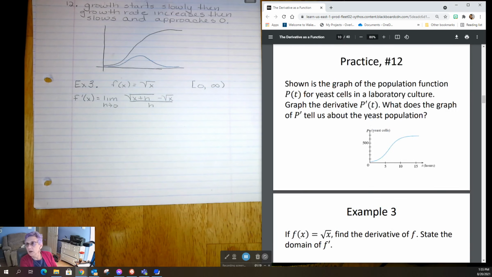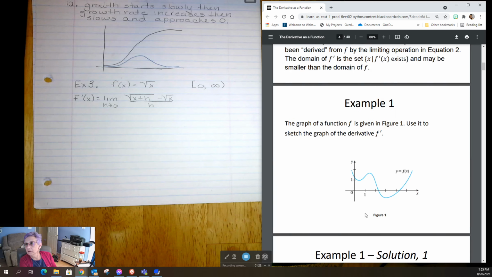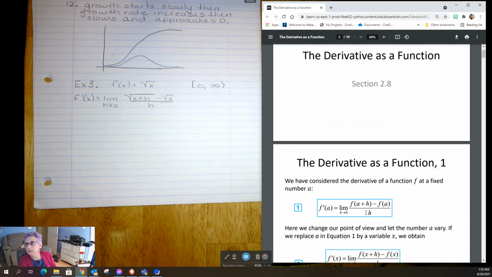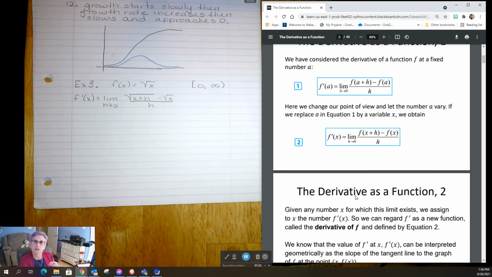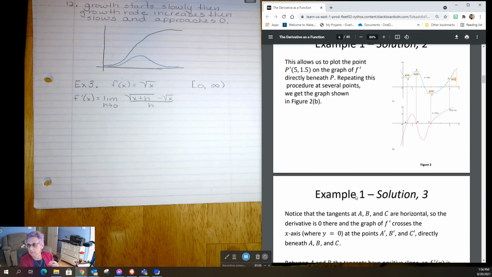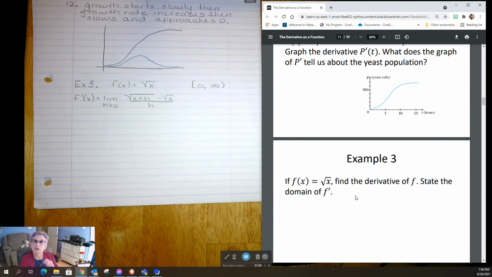And that's from way back on slide number 2 here. f prime of x is equal to the limit as h approaches 0 of the difference quotient. So now we will calculate this limit.